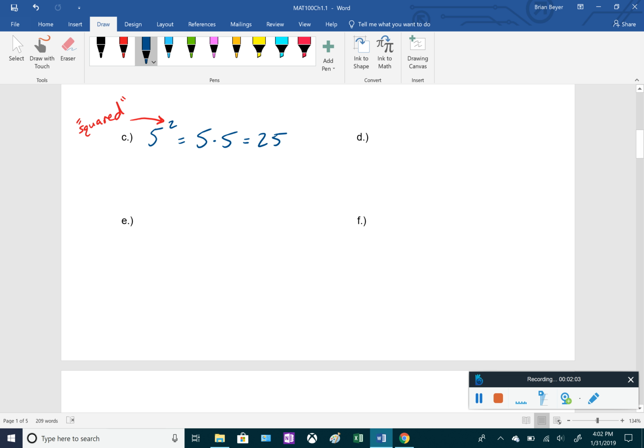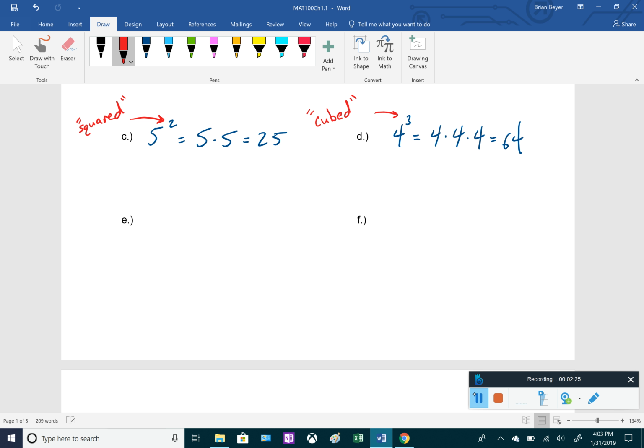For another one, say we have 4 to the third. So that's 4 multiplied together 3 times, which is going to give us 64. So anytime we have 3 as an exponent, we can read that as cubed. So we would say 4 cubed equals 64.